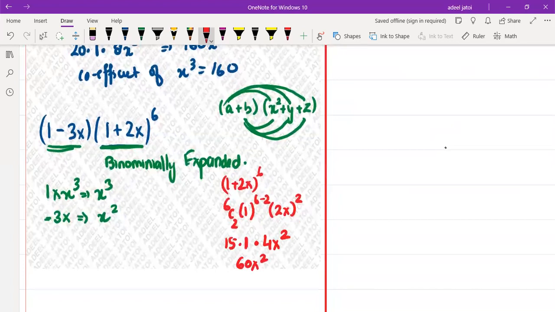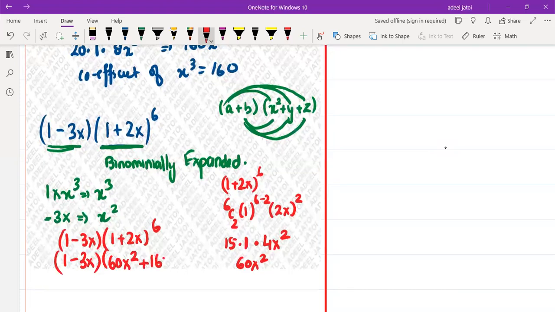Now, when I open the term which we had, (1 minus 3x) and (1 plus 2x) to the power 6, I don't need to open the entire (1 + 2x) to the power 6 to have my terms. So I opened two terms, 60x square and plus 160x cube only.